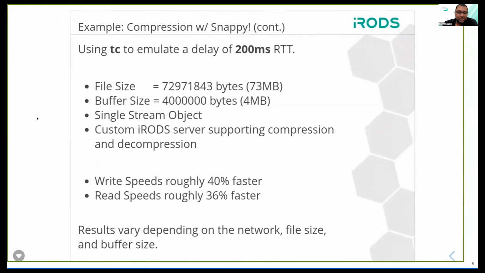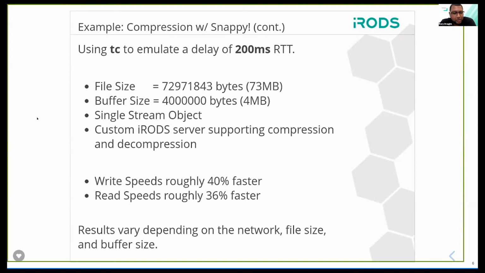So I've been doing some testing with this. Obviously, snappy doesn't work just by itself by implementing a transport for iRODS; we also want the server to support compression and decompression. So I have a custom build of iRODS that has an implementation of snappy compression and decompression. I ran a test using the traffic controller to emulate a 200 millisecond round trip time delay, with a file of about 73 megabytes and a stream buffer size of 4 megabytes.